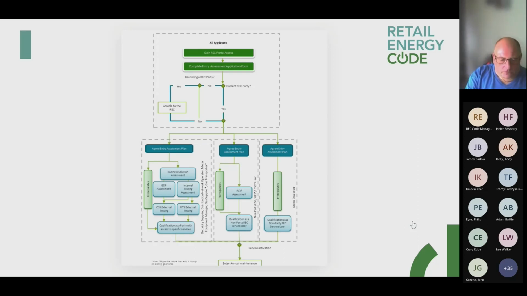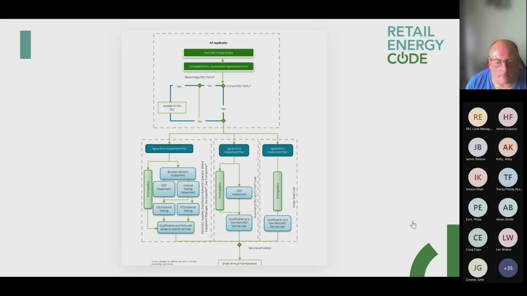Now, oops, I pressed the wrong button on my system. So to go through the accession process, you can see there's actually three legs. If you take the left-hand leg first of all, the box on the left says agree entry assessment plan.